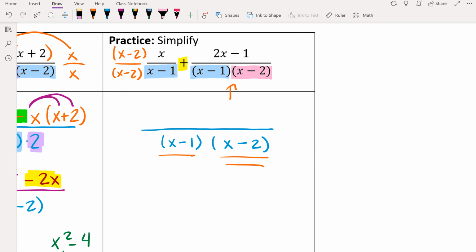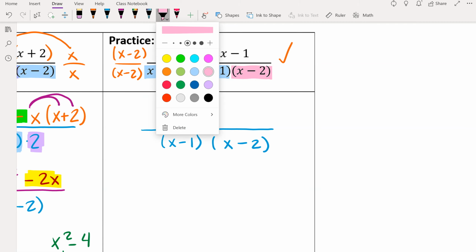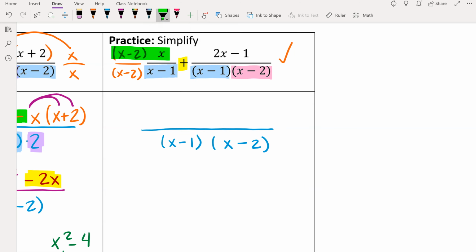Nothing's missing. So I actually don't need to change the numerator at all. We're good to go. The numerator is good. We don't need to multiply by anything. Okay, so for this thing, I'm just going to write x times x minus 2 in the numerator. I'm going to bring down this plus sign, and then I'm going to copy this numerator, 2x minus 1.